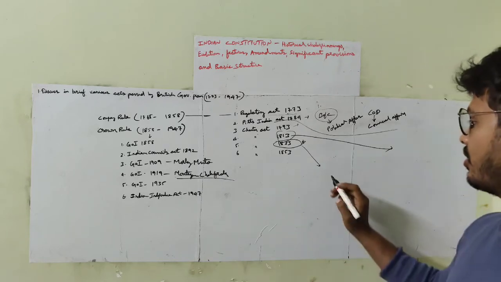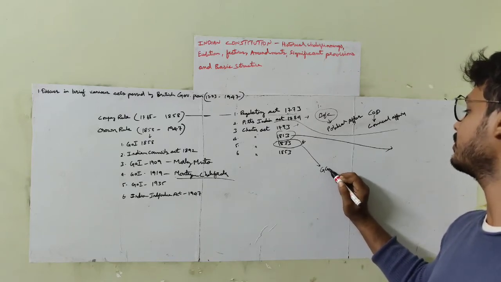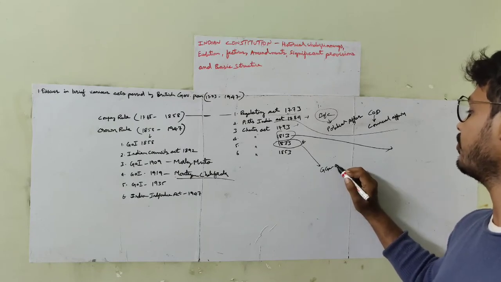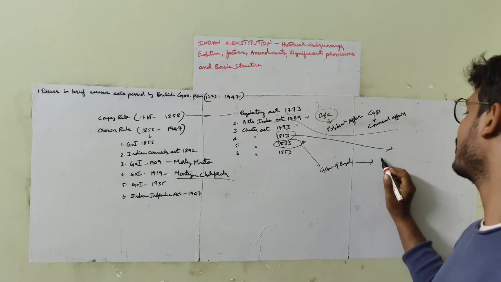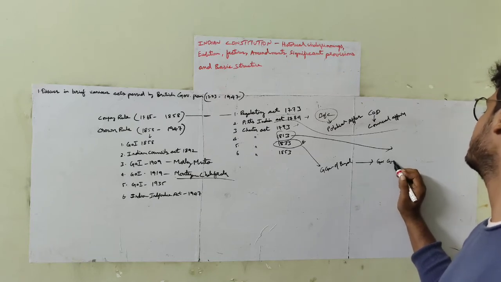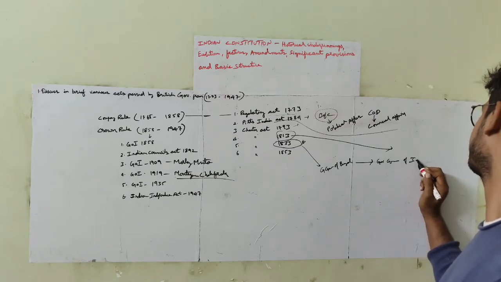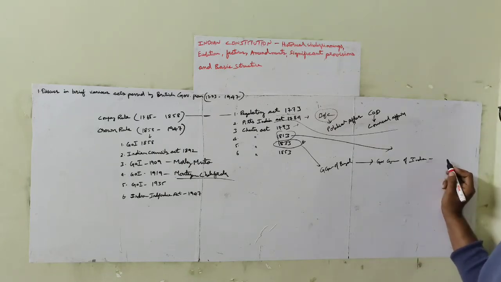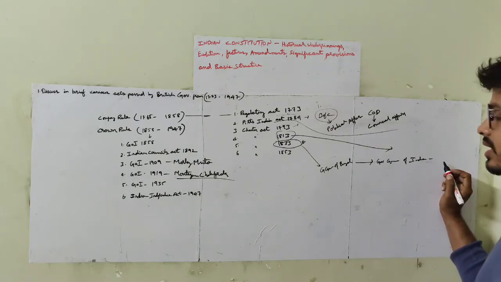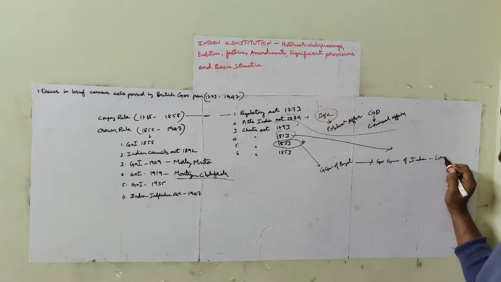Now the Governor General of Bengal was changed to Governor General of India. Okay, who was the first Governor General of India? He was Canning, I guess, Lord Canning.